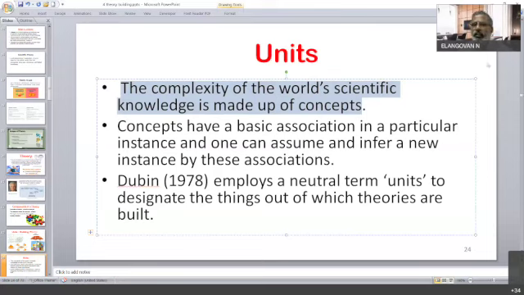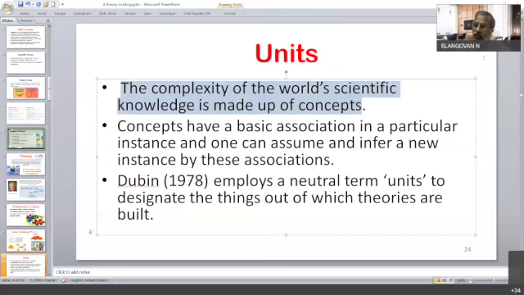Let me check the chat. Force, work, inertia, pressure, friction, mass, weight. So these are all concepts within Newton's theory. Pull, meters, second, all these things are there inside Newton's theory.